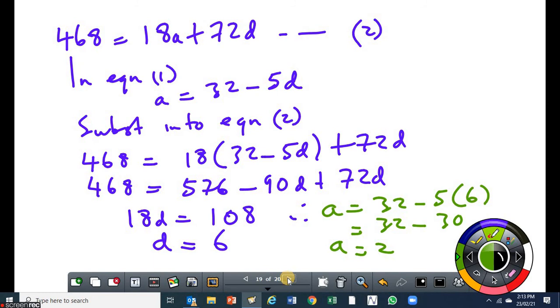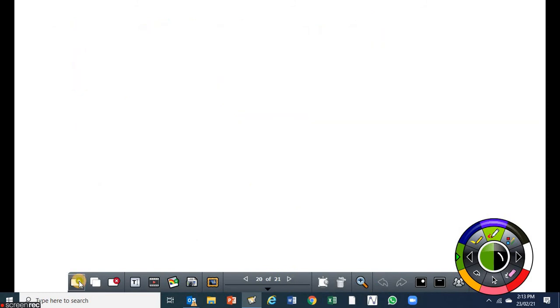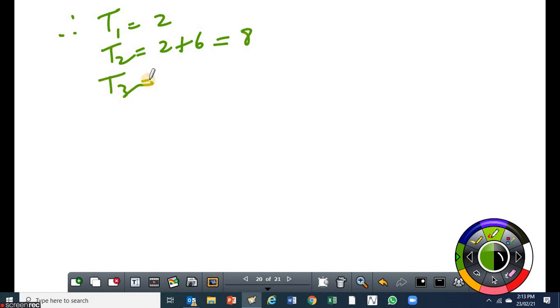So let me go to the next page. Therefore, the 3 terms: T1 is going to be 2. T2 is going to be 2 plus 6, which is 8. And T3 is going to be equal to 8 plus 6, which is 14. And then I'm done.